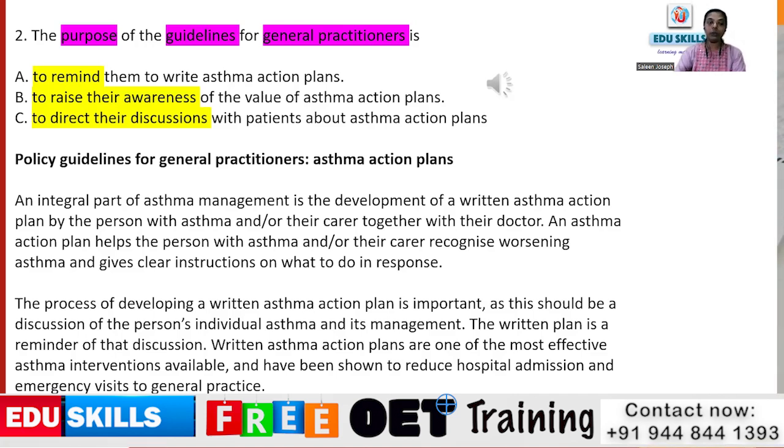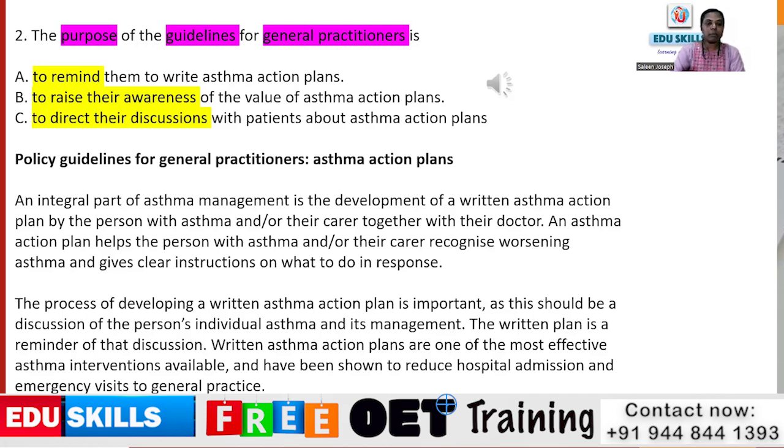Okay, so here, as you know, they are talking about asthma action plans. What is the purpose of this guidelines? Whether to remind them to write asthma action plans. So here, as you read, the topic sentence is the first sentence, which gives the idea of this text.